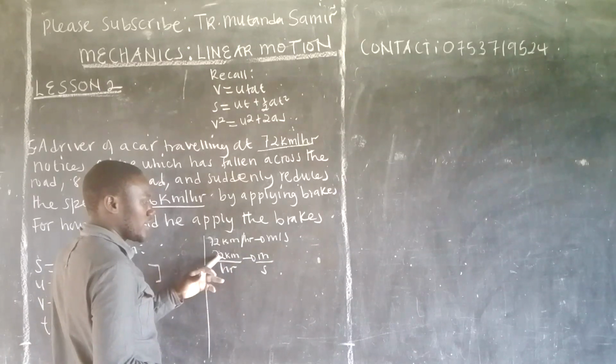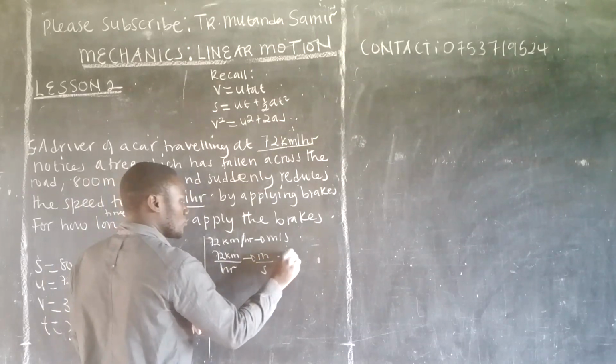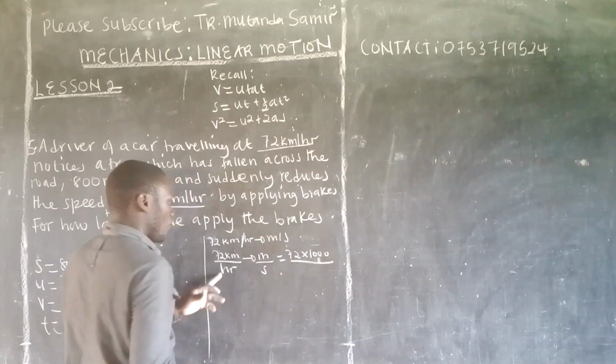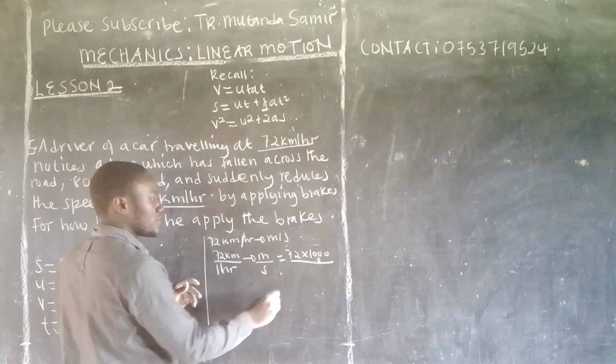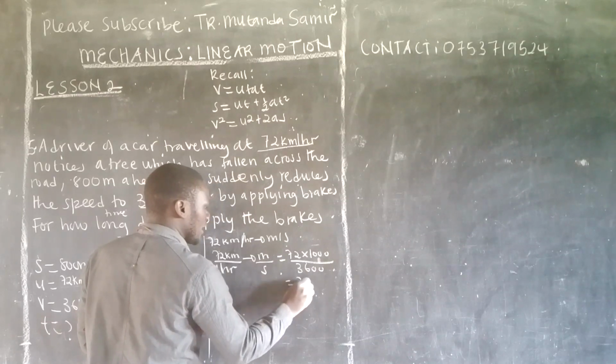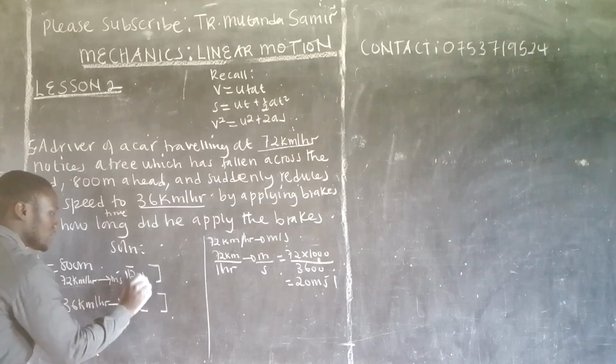Therefore, convert the 72 kilometers into meters. That will be 72 times 1,000 over 3,600, since 1 hour has 3,600 seconds. When you reduce that, you'll get 20 meters per second. So I'll put here the same as 20 meters per second.